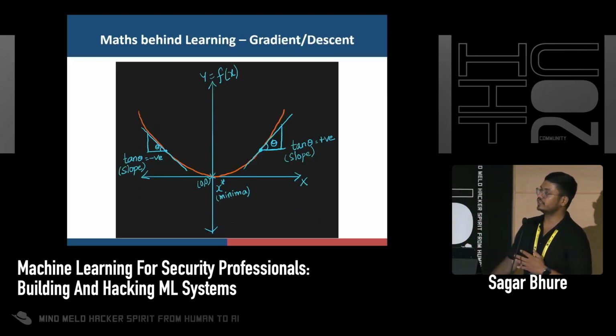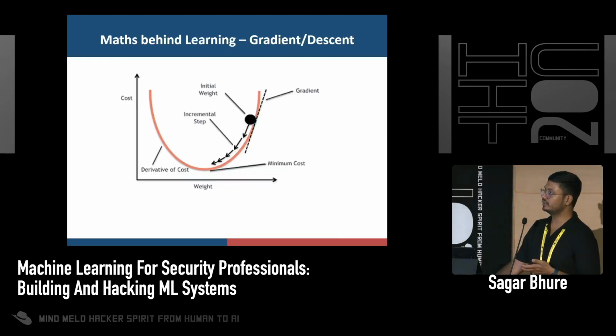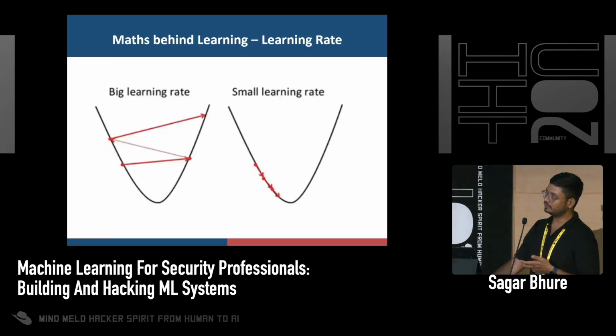The reason for this is minimizing the error. You have to find the global minima of this graph to find a minimum value, or to improve the accuracy of that function. We don't need to go through all this.